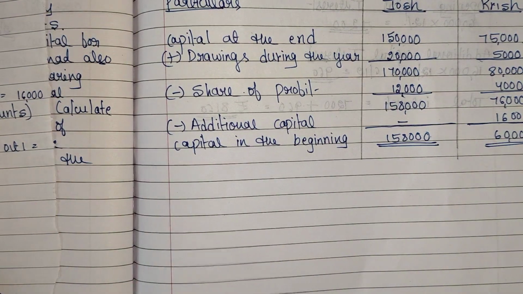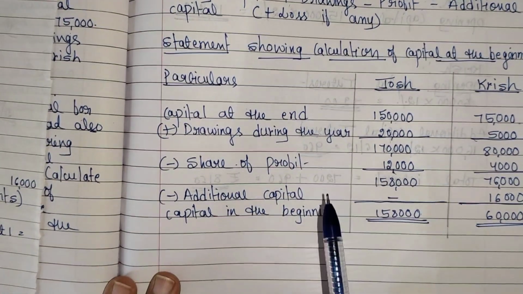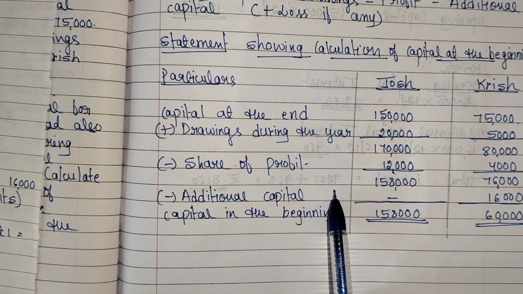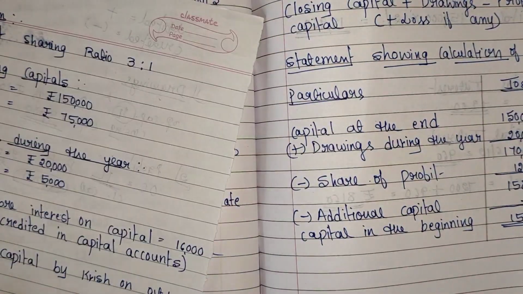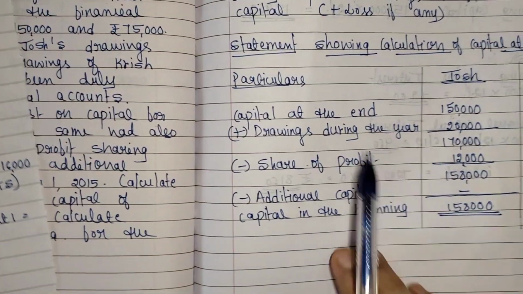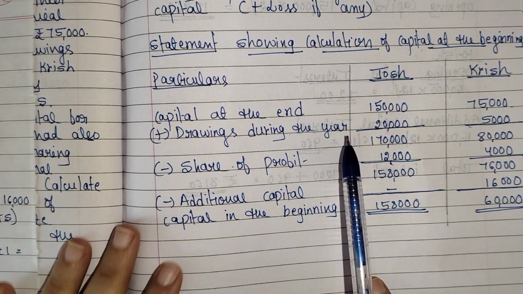See here, in this problem, only drawings during the year they have given. Since there is no rate of interest on drawings mentioned, here they mention only the interest on capital. Right? So we simply add back the drawings while calculating the opening capital.